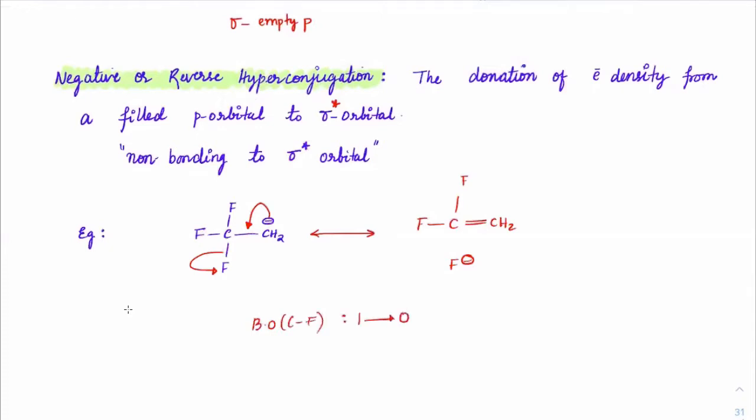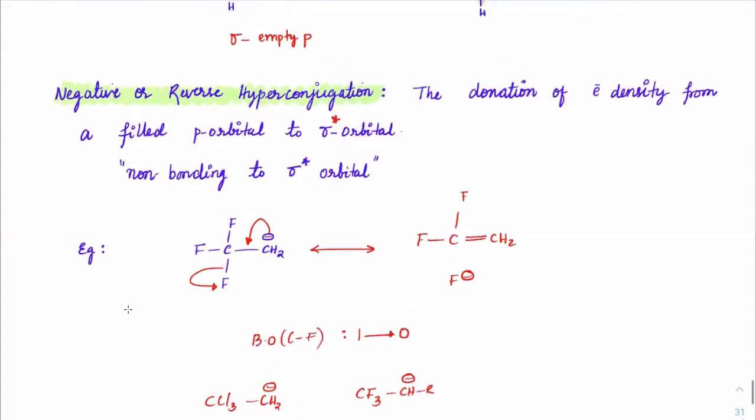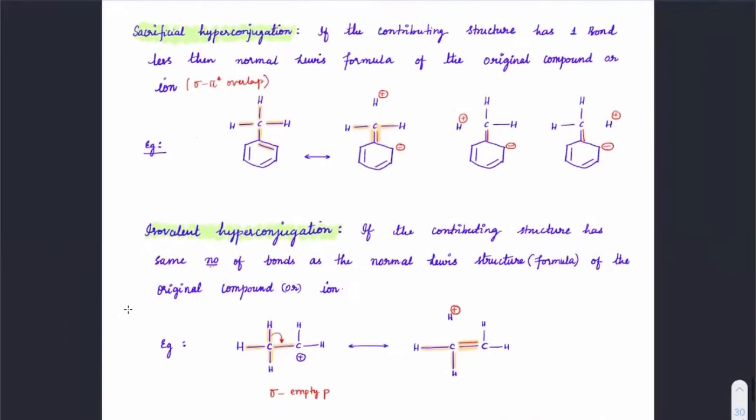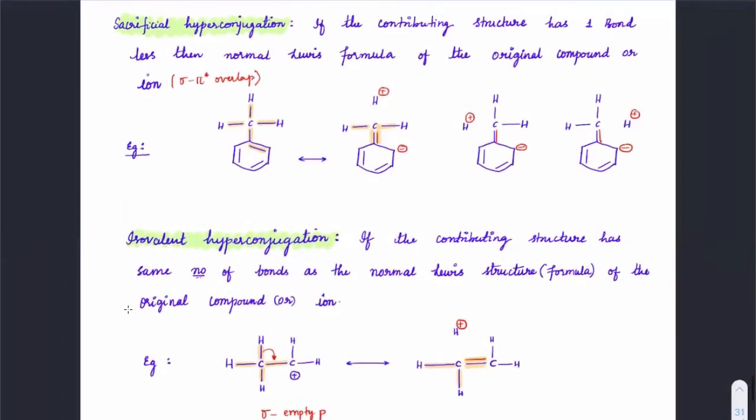This type of case is usually seen when you have CCl3 connected with CH2 minus, or CF3 connected with CHR minus, any kind of minus present here. It is not very prominent when you have only two chlorines or one chlorine, but you should have at least three fluorines or three chlorines. Then the reverse hyperconjugation is more active. Everybody understood this point? So three types of hyperconjugation. Just make a note of it: sacrificial hyperconjugation, isovalent hyperconjugation, and reverse hyperconjugation.